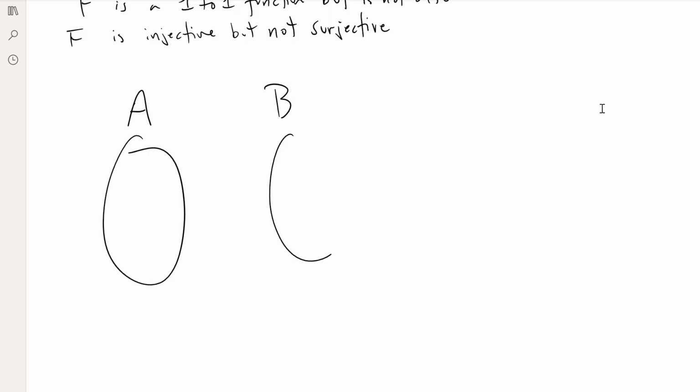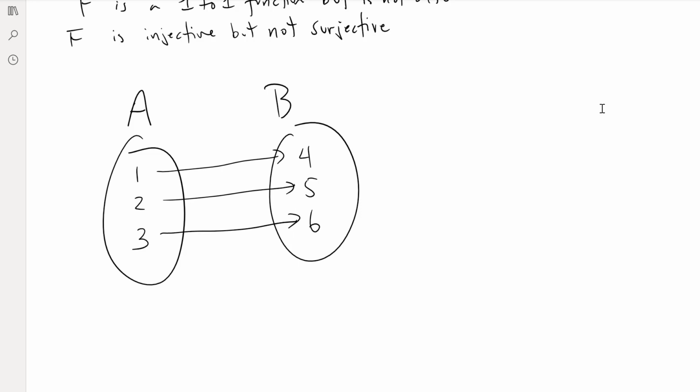Obviously, for a quick comparison, let's take the set A and the set B. Let's say we have 1, 2, 3, and let's say we have 4, 5, and 6. And if we form a bijective function, that means every element in set B is mapped to from some element in set A. That makes it surjective.